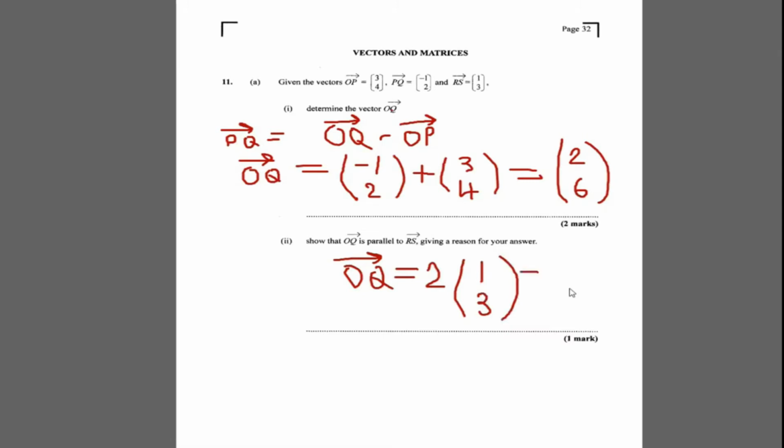So this is just 2 times vector RS. So clearly they're parallel. So the ratio of OQ to RS is 1 to 2. They are parallel, of course.